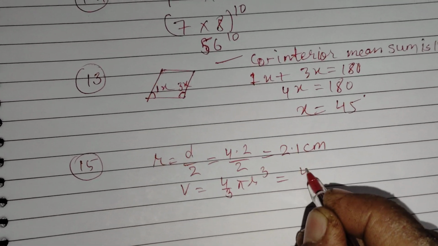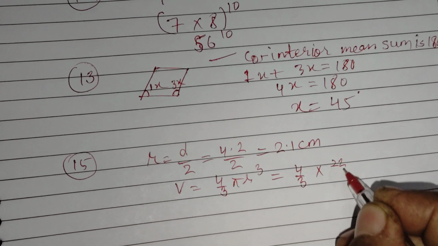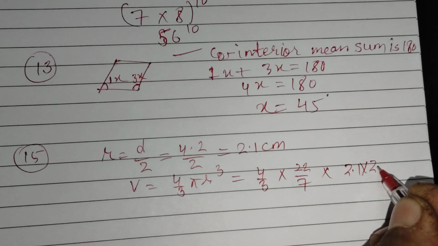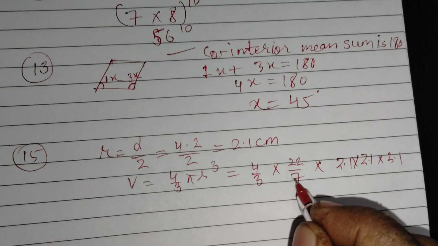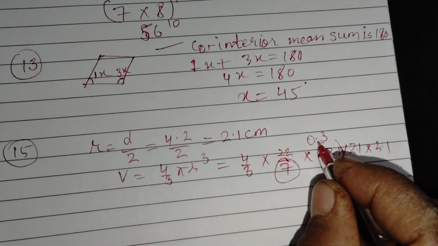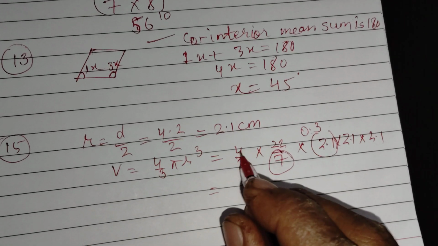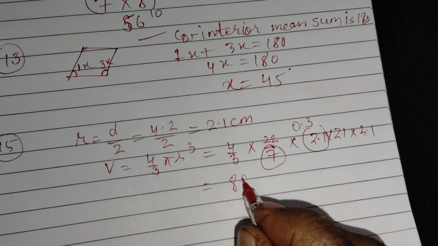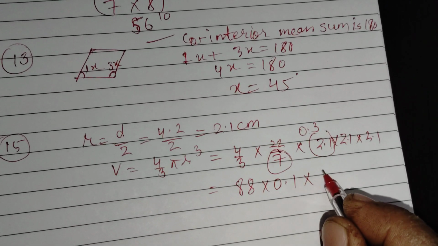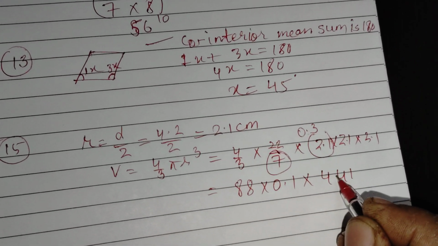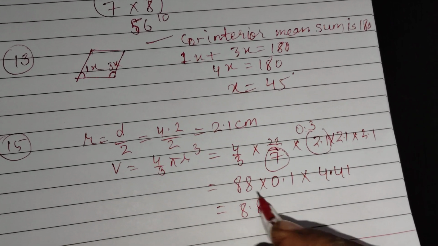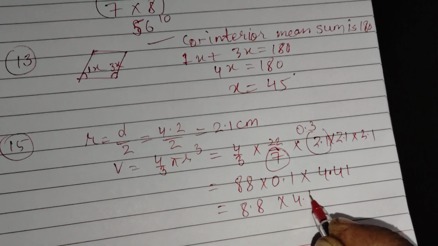So 4 upon 3 multiply pi, which means 22/7, radius is 2.1, written 3 times. So 7 cancels 2.1 to 0.3, 3 cancels 0.3 to 0.1, 4 into 22 we get 88 into 0.1, 21 square is 441, 2 decimal places we put, so it becomes 8.8 into 4.41.